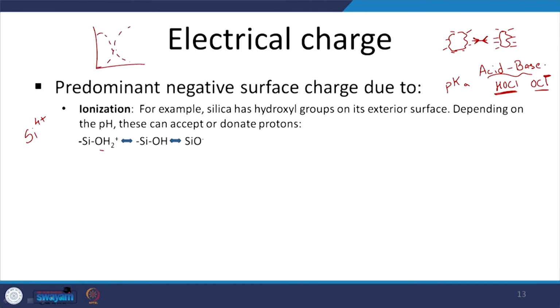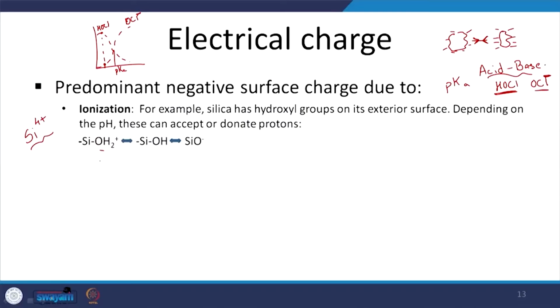So, this is the pKa, this is the HOCl, this is the OCl minus. If pH is low, most of the acid is present as HOCl and very little is present as OCl minus, which has a charge. Similarly here we are not talking about acids and bases, but still you have different groups that change charge depending on the pH of the water.